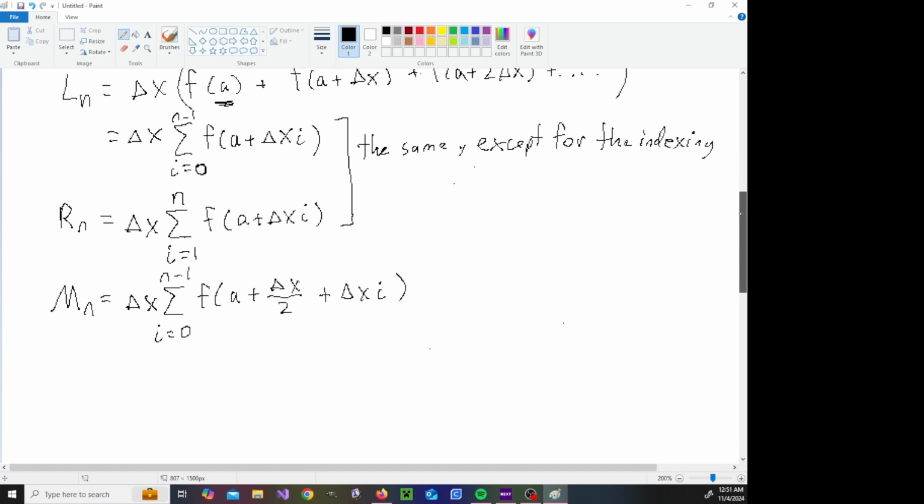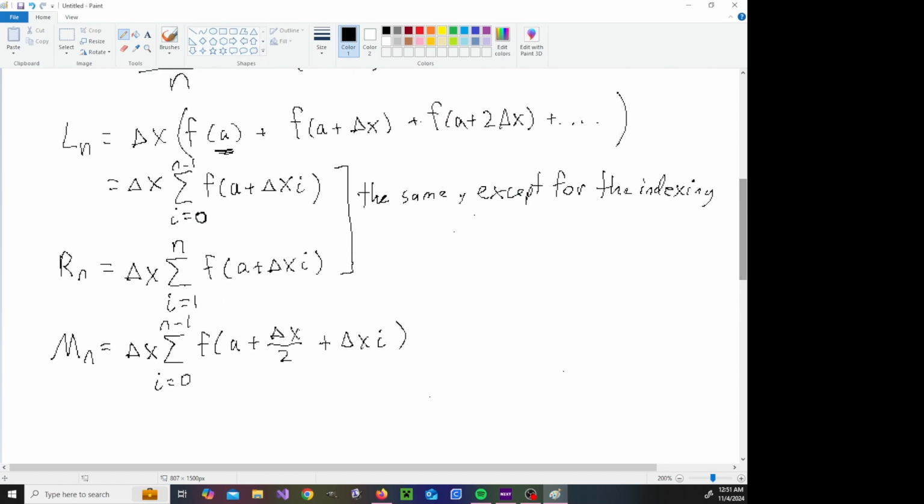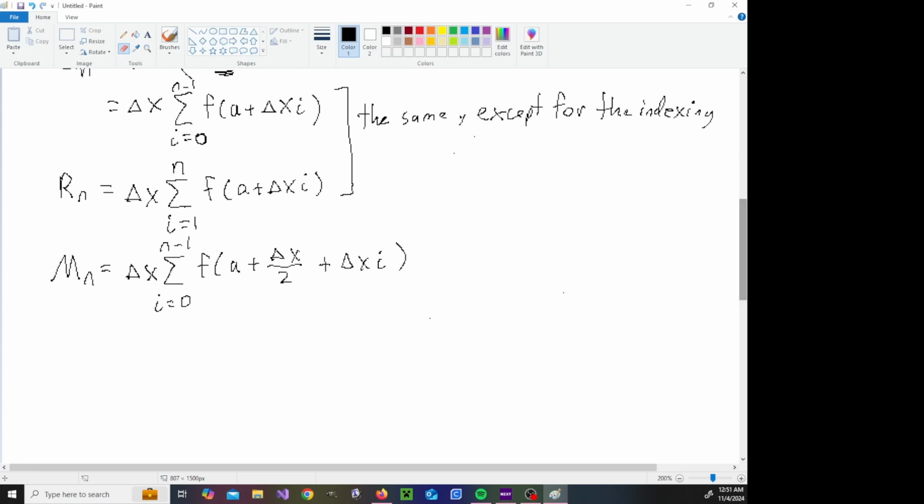Well, again, the idea that I talked about before is what if I can let my rectangles become infinitely thin? Then does this even make sense to us? Well, yeah, actually it turns out I can just take the limit as n goes to infinity of one of my approaches, and hey, what does that say?